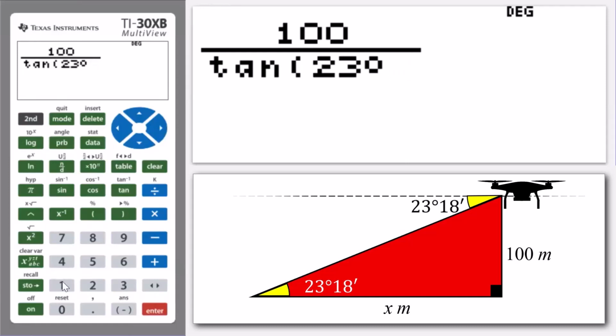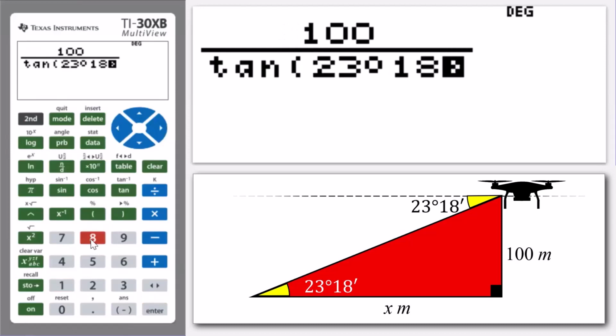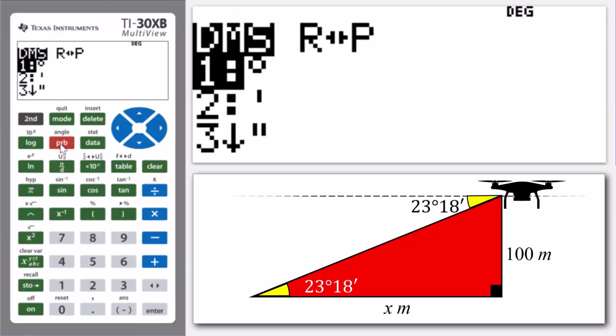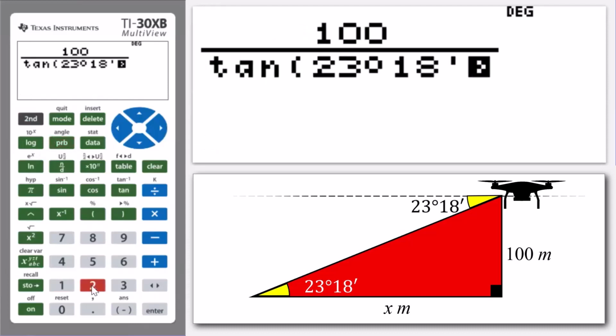Now we enter 18. We press second PRB to again access our angle commands. And we now want to press number 2, which pastes the minute symbol onto our screen.